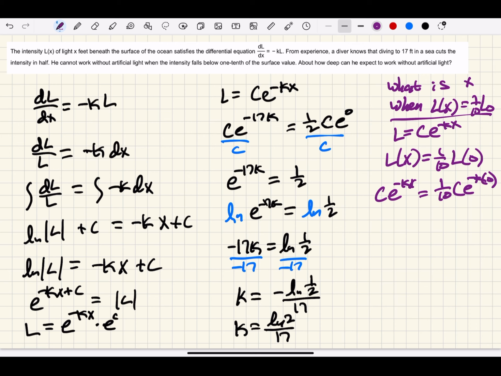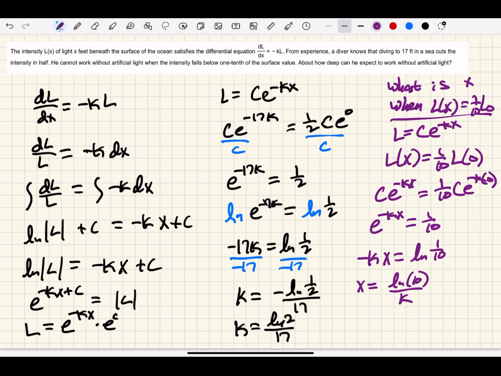Again, dividing both sides by c, we would have e raised to the minus kx equal to 1/10. Taking a natural log on both sides, we would have minus kx is equal to the natural log of 1/10. Dividing both sides by minus k again, we have x is equal to the natural log of 10 over k.